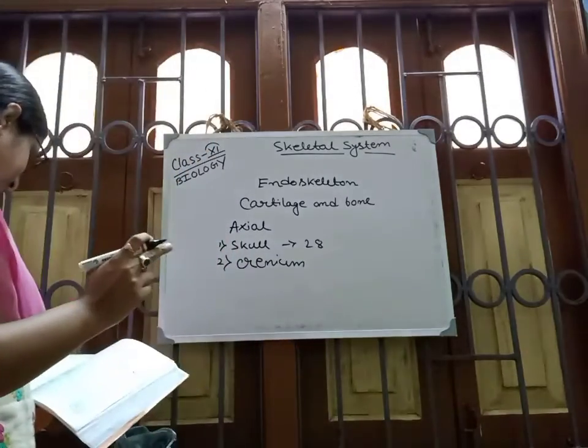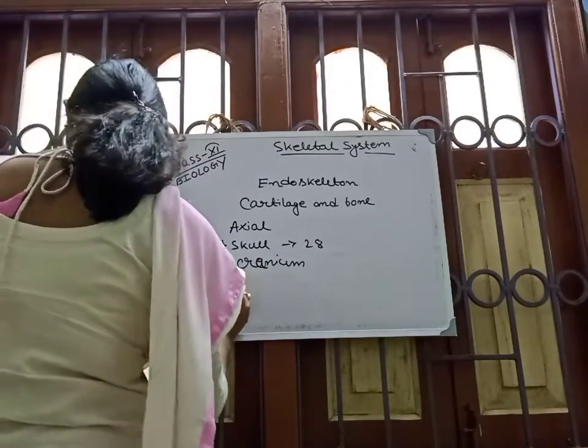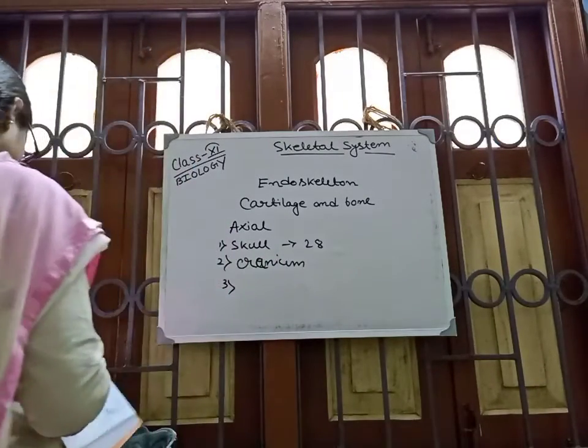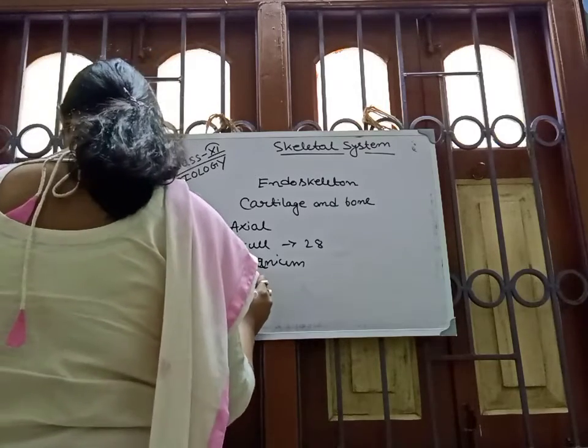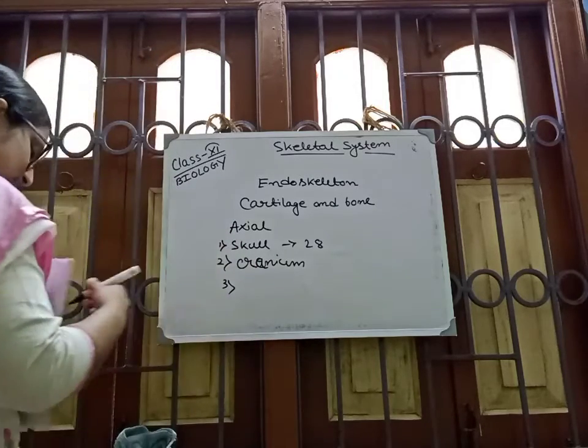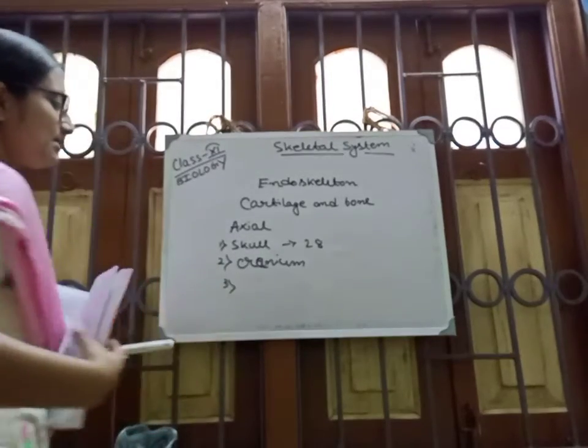The skull consists of the cranium, the facial bones, the auditory ossicles and the hyoid.